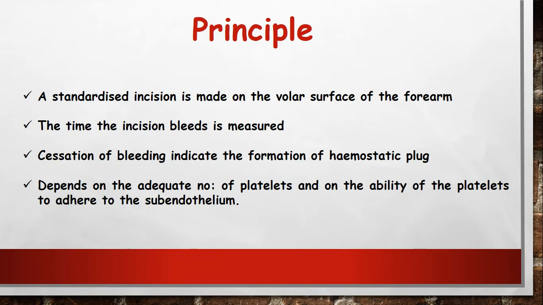Now principle: a standardized incision is made on the volar surface of the forearm. The time the incision bleeds is measured. Cessation of bleeding indicates the formation of hemostatic plug, which depends on the adequate number of platelets and on the ability of the platelets to adhere to the subendothelium.